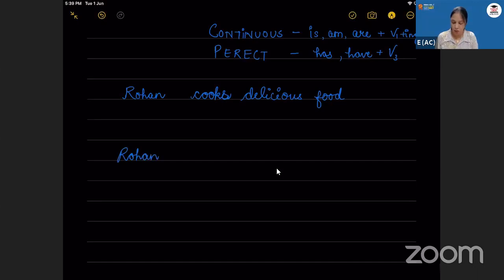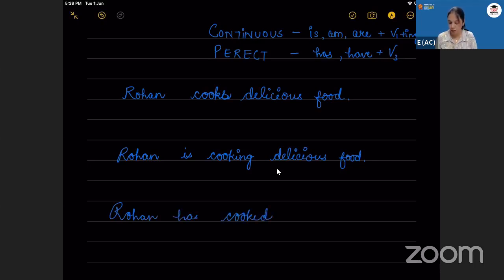Very good. Next one is Rohan is cooking delicious food. Simple continuous tense. Rohan has cooked delicious food.